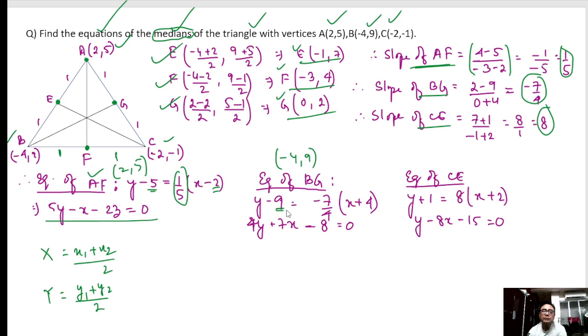So y minus y1 is m, slope of BG, x minus x1. We can get the equation. And median CE is passing through minus 2, minus 1. So y minus y1 is m into x minus x1. So we can get the equation of the line of the median CE.